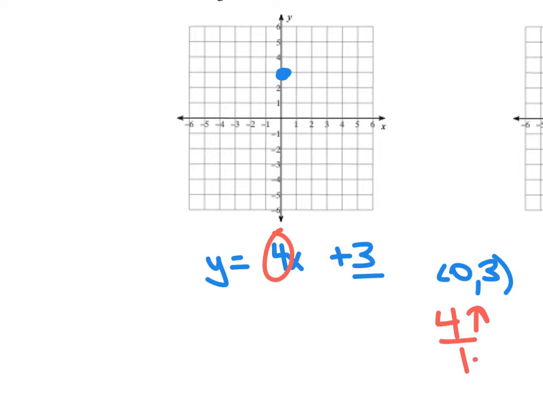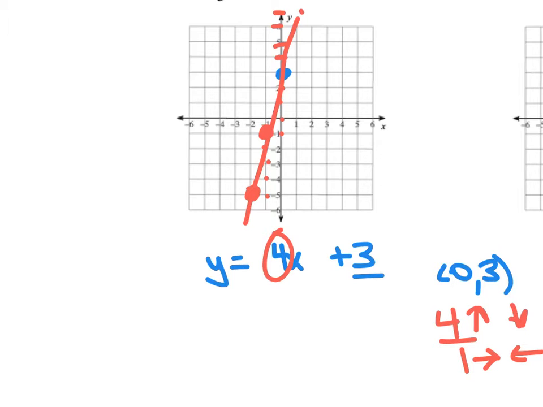Because our slope is positive, we're going to go up and right. However, we cannot go up 4, right 1 without going off the graph, so we're going to do the opposite because we're going in the opposite direction from where we began. So opposite of up is down, opposite of right is left. So we'll go down 4, left 1. Down 4, left 1.